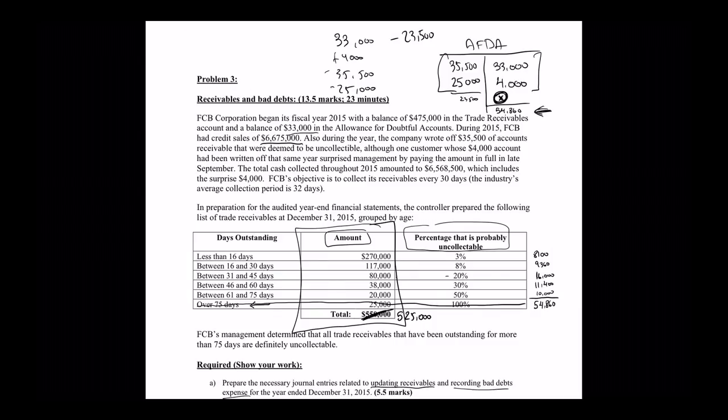So we began the year with 475 trade receivables less 33,000 AFDA. So 475 minus 33, we began the year with a $442,000 beginning balance.